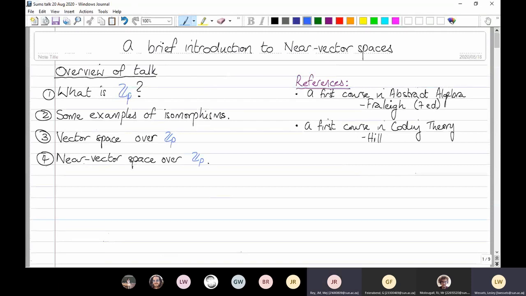A First Course in Abstract Algebra by Fraleigh. And then also, I said about Galois theory. Coding theory is actually an application, because error correction codes are based on finite fields. Really?